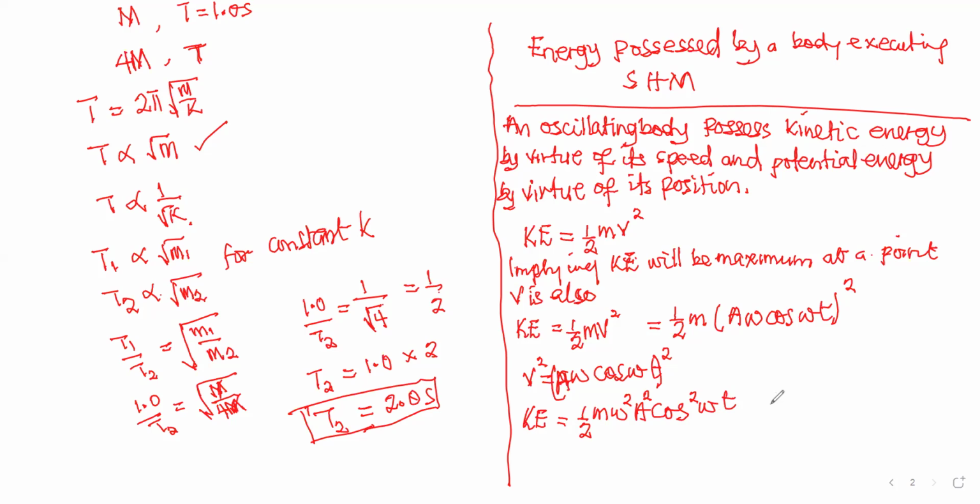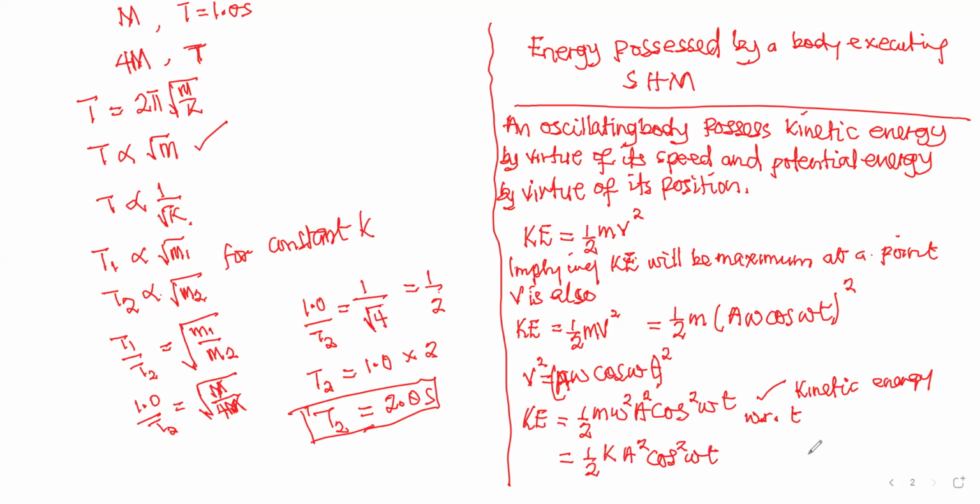This is the kinetic energy in terms of time, which we can also rearrange to be equal to half K A squared cos squared omega t.